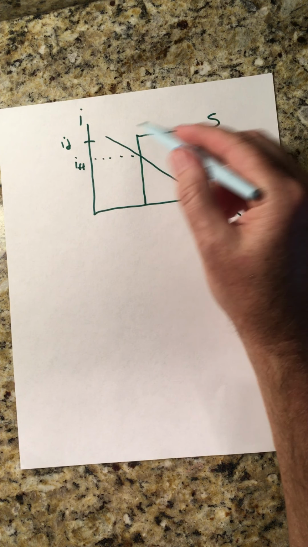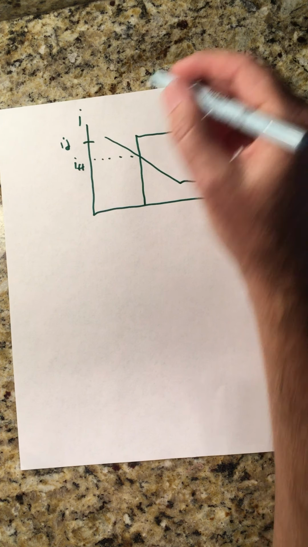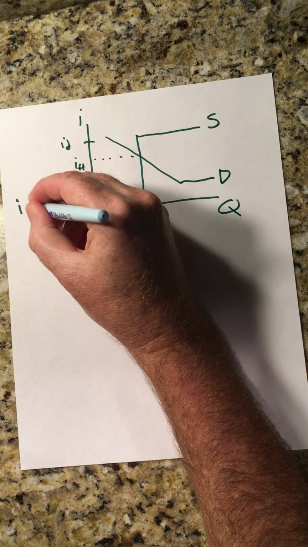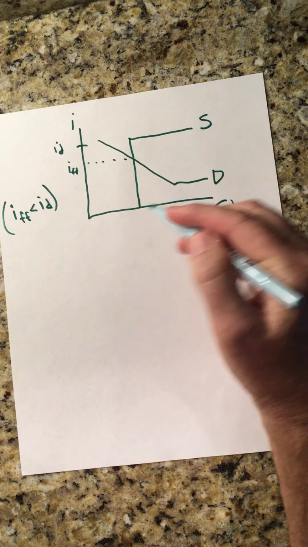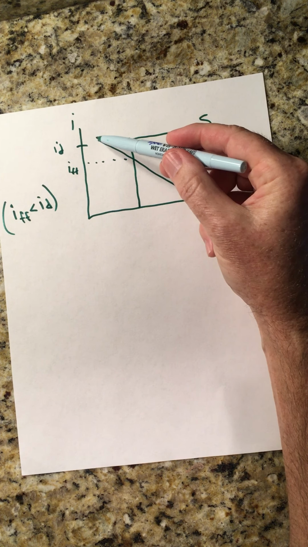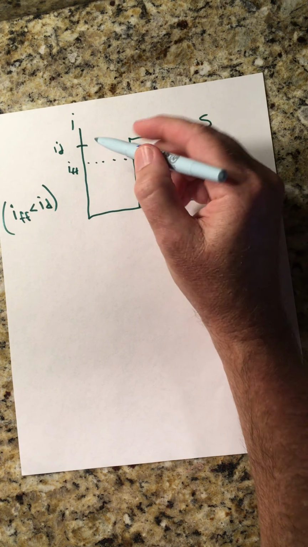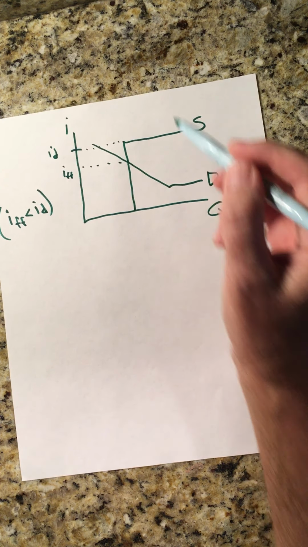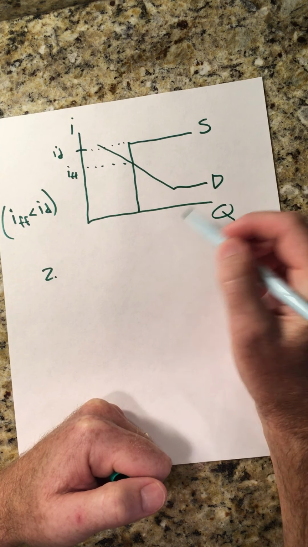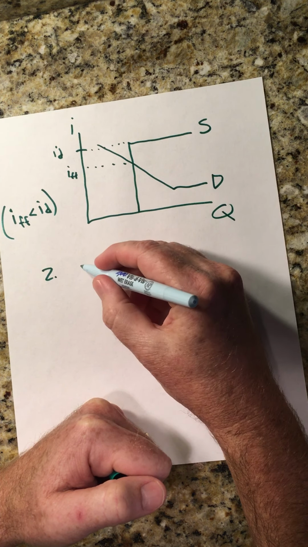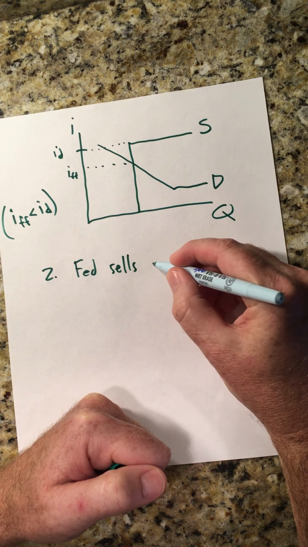What you can see in this graph is that currently IFF is less than ID. Sometimes in the homework problems it says, suppose that IFF is less than ID. That just means my demand curve intersects the supply curve somewhere below the discount rate. And what we want to look at is, in a market that starts like this, what happens if the Fed sells securities?